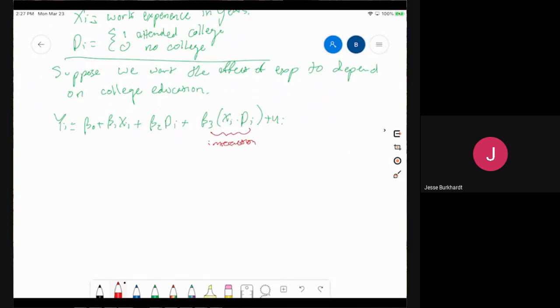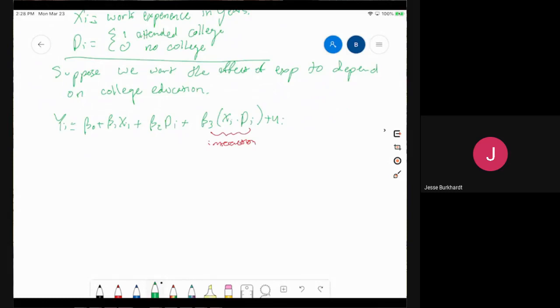This allows for different intercepts and slopes of the regression line depending on whether we are looking at college or non-college grads. In other words, the effect of additional experience now depends on being a college grad or not. And how exactly does it depend on it? The interpretation is the same as before.